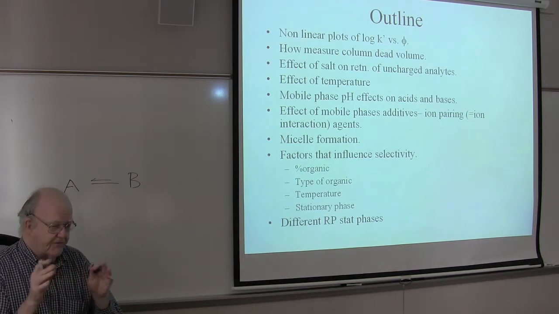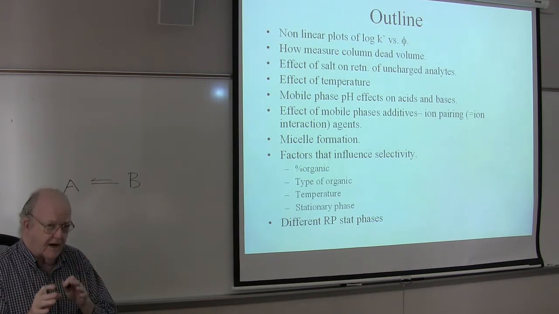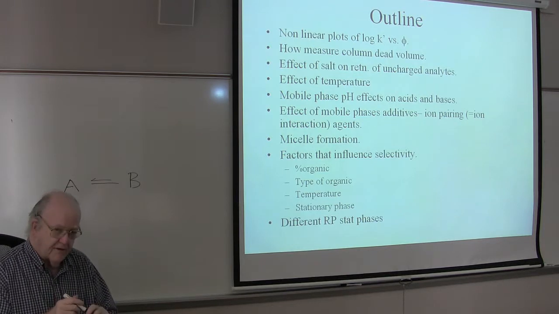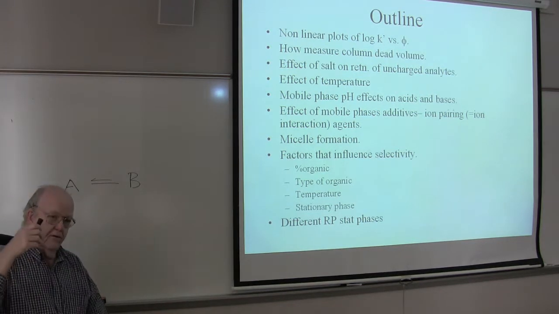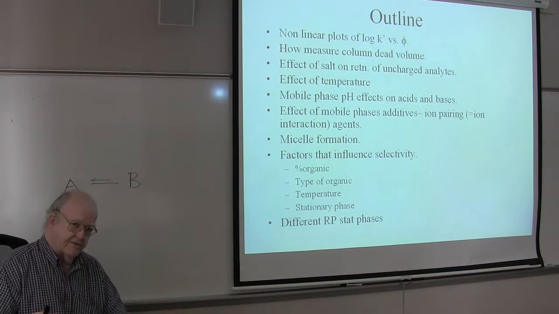And you can get a whole series of families of peaks that are highly distorted depending upon the rate constant of the reaction, forward and back, relative to the chromatographic time scale.